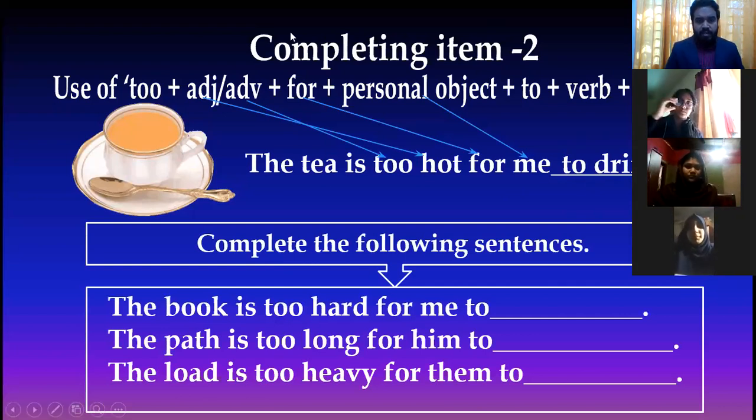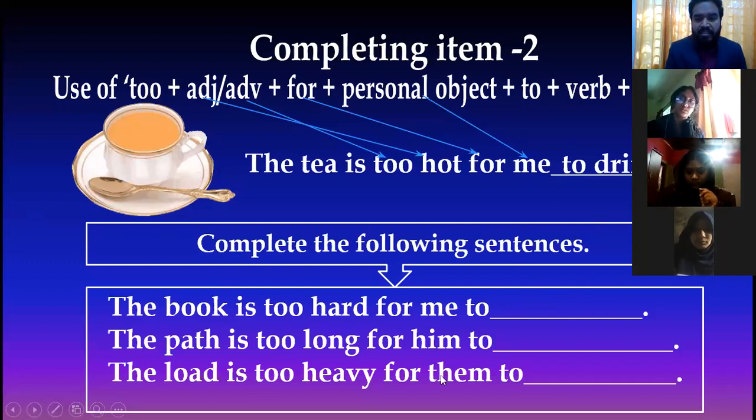So there are some exercises for you. Solve this orally. The book is too hard for me to read. Am I right? Although we are filling in one word here, when you are asked in the exam, this whole part may not be given. It could seem like: the book is too hard for me dash. Just like this sentence, there is no to there.